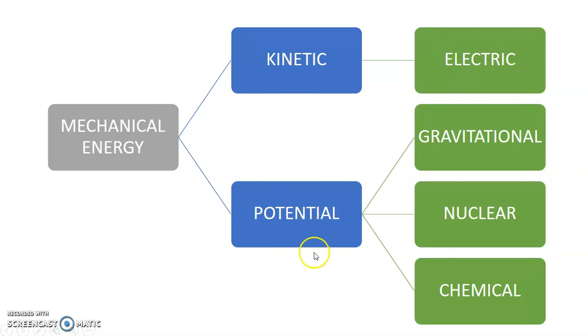In addition, we have potential energy. Potential energy can be divided or classified, or has three different forms. The first one is gravitational potential energy. That is the energy that an object has when it is not on the surface of the earth, not on the floor.